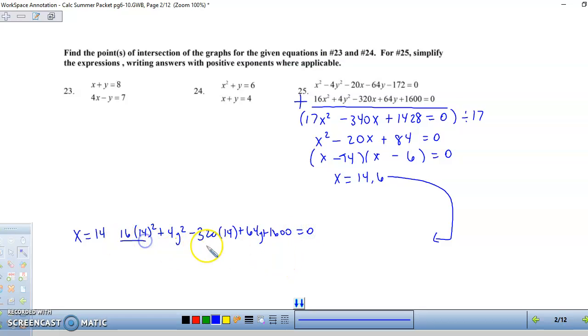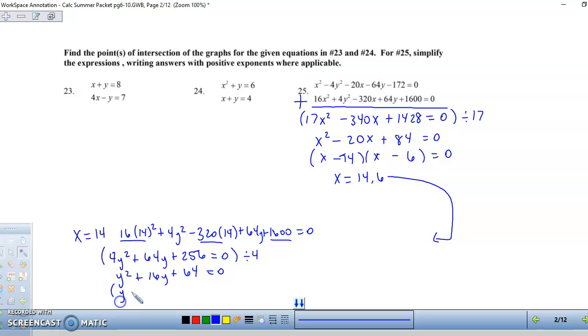Now, all of these that are just numbers are going to combine. You are going to get 4y squared plus 64y, and then you end up with 256 equals 0. Okay, this whole thing will divide by 4. So you get y squared plus 16y plus 64.